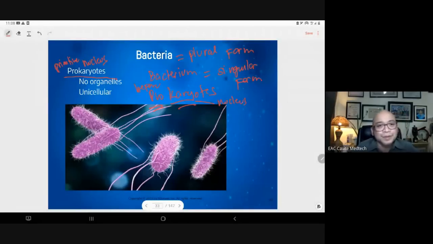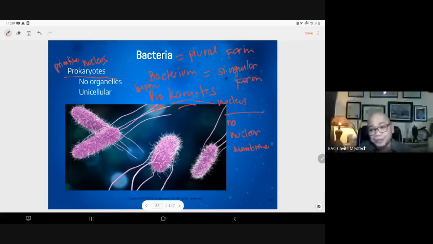And the term prokaryotes refers to primitive nucleus because they do not have a true nucleus. It means that they don't have a nuclear membrane. No nuclear membrane. That's what we meant by primitive nucleus.